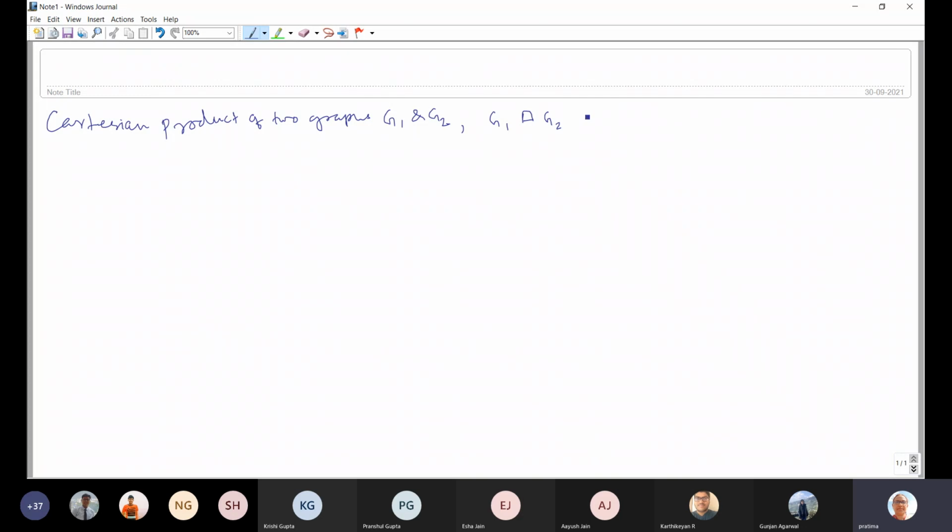And the adjacency relation: you remember that the vertex set of this product G1 box G2 is the usual set product, the Cartesian product of the two sets V(G1) and V(G2).